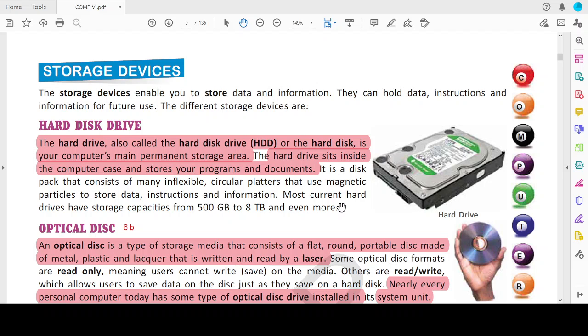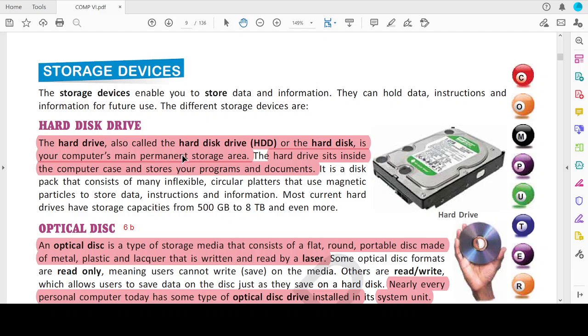So many kinds of devices, from lighter storage to heavy storage devices, are present. The devices used in server computers should have bigger storage capacity. So according to the need of the user, the hard disk drives are chosen. They are used as the permanent storage area.